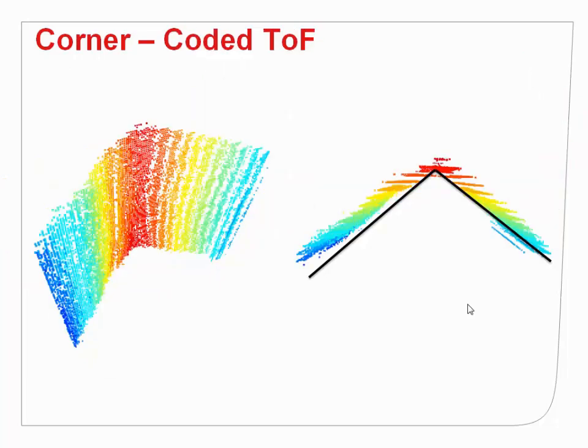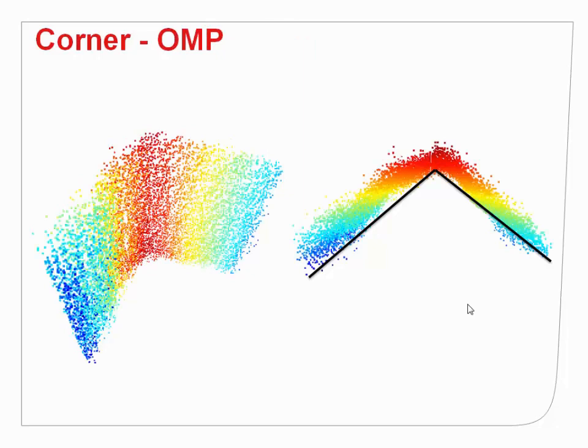When we use the coded time of flight, again, it doesn't resolve the corner properly, and due to the properties of the sparse deconvolution and how it quantizes the depth, we actually get a quantized corner. And for the OMP method, again, the noise has increased significantly and we don't recover the corner properly.